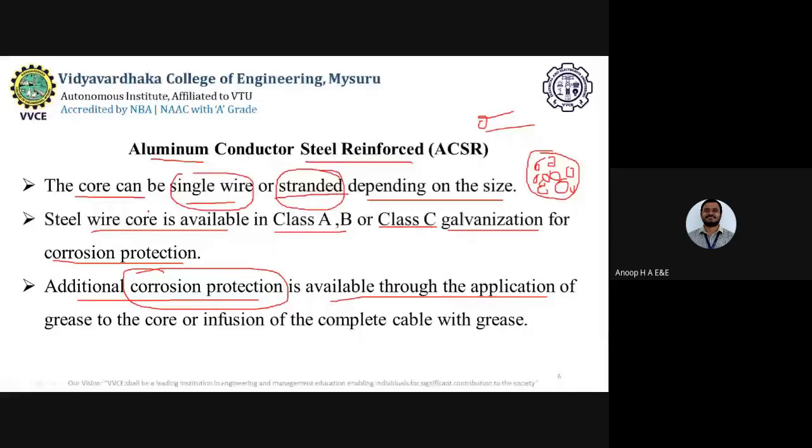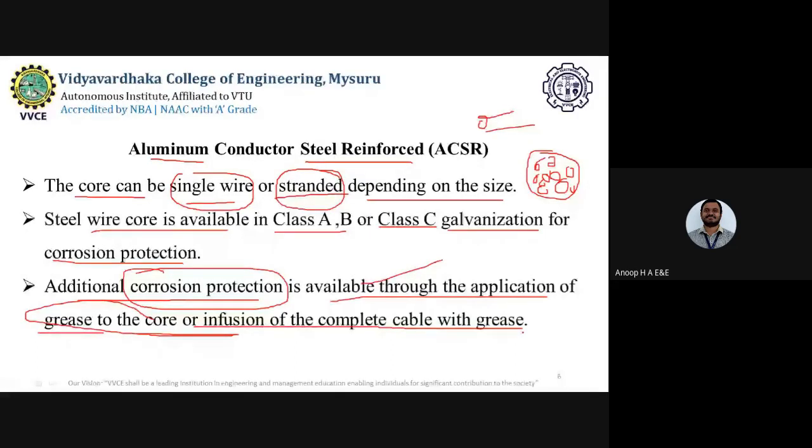Additionally, corrosion protection is available through the application of grease to the core, or infusion of the complete cable with grease, so that the cable is completely filled with grease.